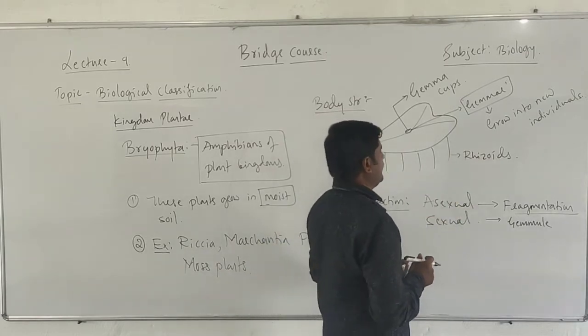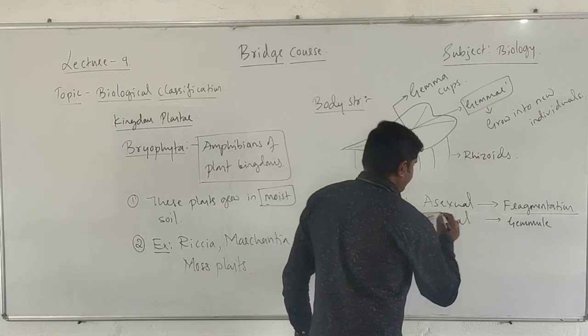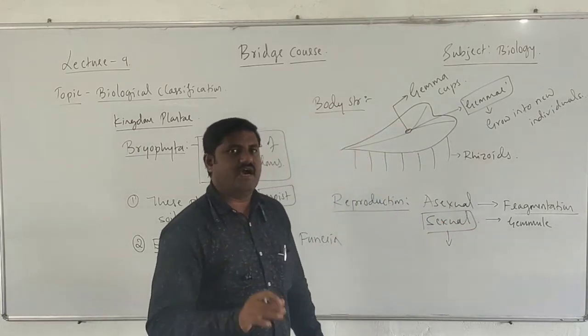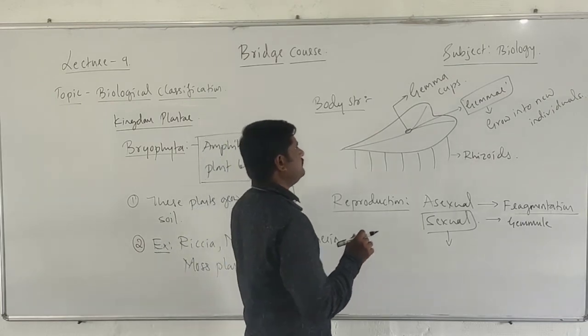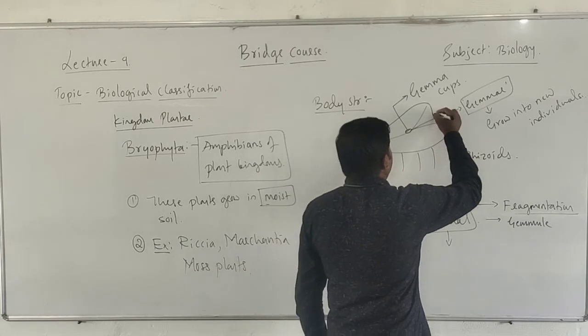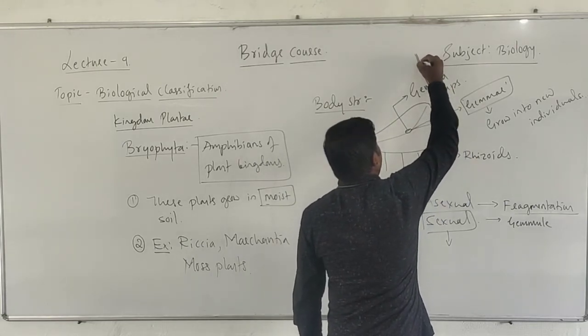And the next one is sexual reproduction. Sexual reproduction, as I have already explained. If this is a male plant, it produces a special structure over here.